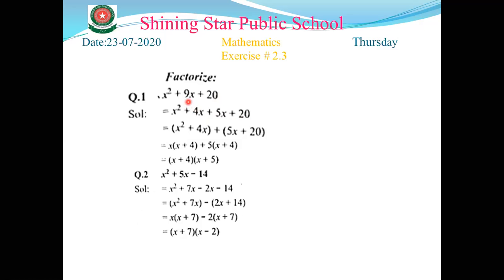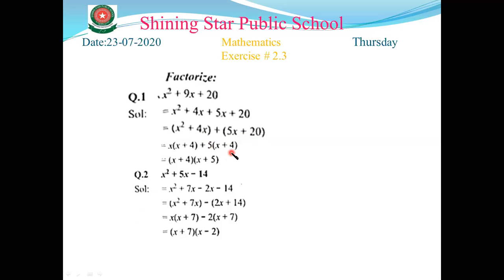Okay. Now, what is our second step? In these types of questions, our second step is to take the common from the first two terms and take the common from the next two terms. From the first two terms, we take the common x, so we get x plus 4. And from the next two terms, we take the common 5, multiplied by x plus 4.